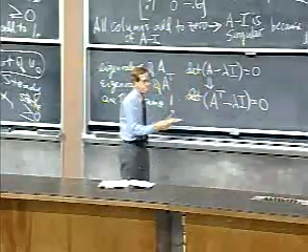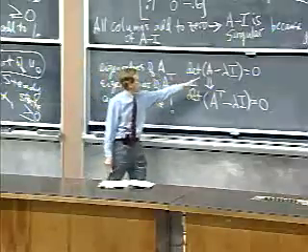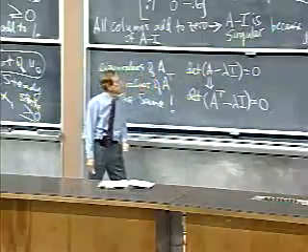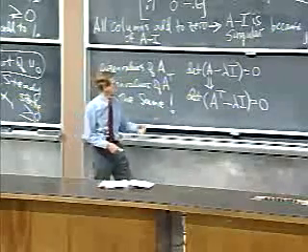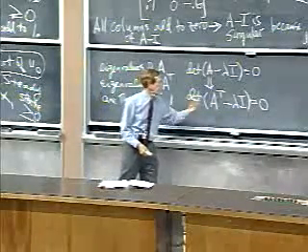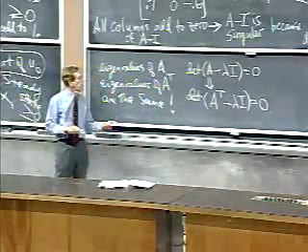So that's all there was to the reasoning. The reasoning is that the eigenvalues of A solve that equation. The determinant of a matrix is the determinant of its transpose. So that gives me this equation, and that tells me that the same lambdas are eigenvalues of A transpose.